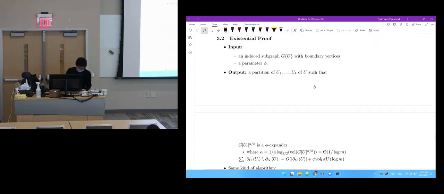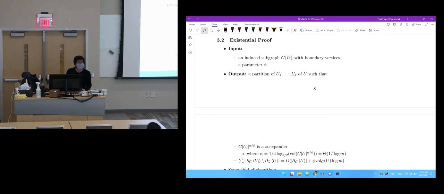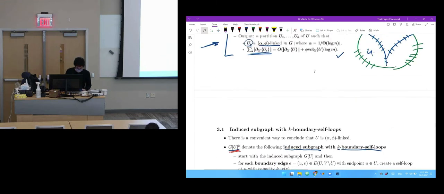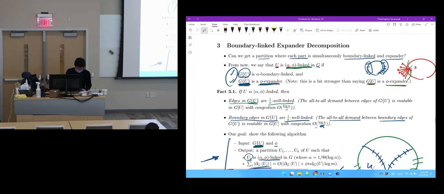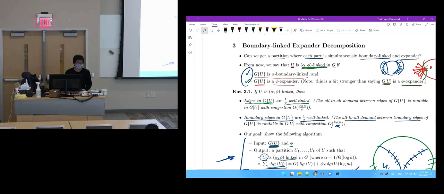Now, can I recall the alpha-phi linked definition once more? Alpha-phi linked just means that it is both alpha parallelly linked, and this thing is a phi expander.